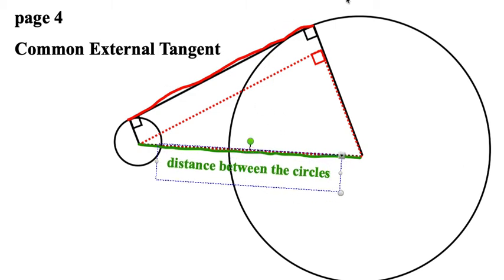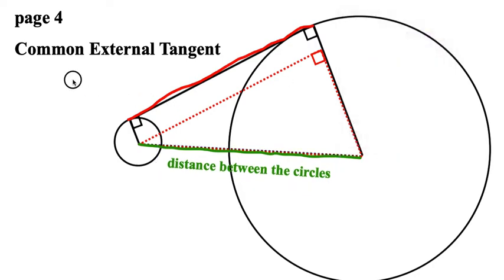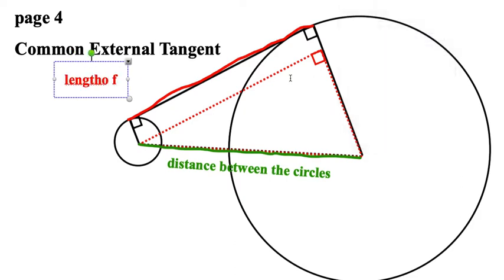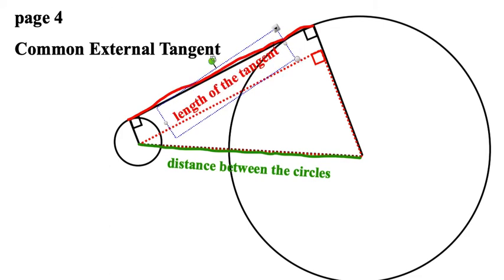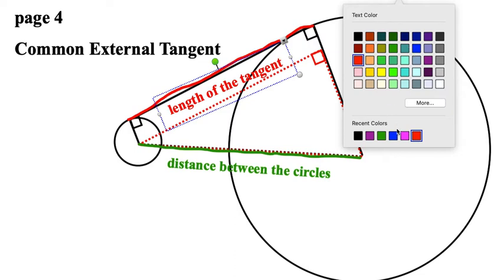The length of the tangent would be here in red, that would be the length, sorry, let's get that color correct here, length of the tangent. Now this is very similar to the last one when you had a common internal tangent. So one leg is the length of the tangent, just like before, and the hypotenuse is the distance between the circles. The difference is quite literally the difference.